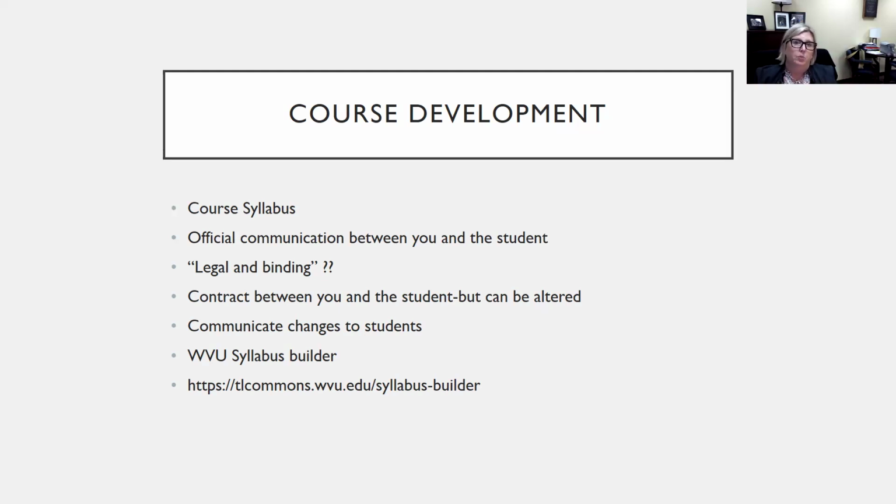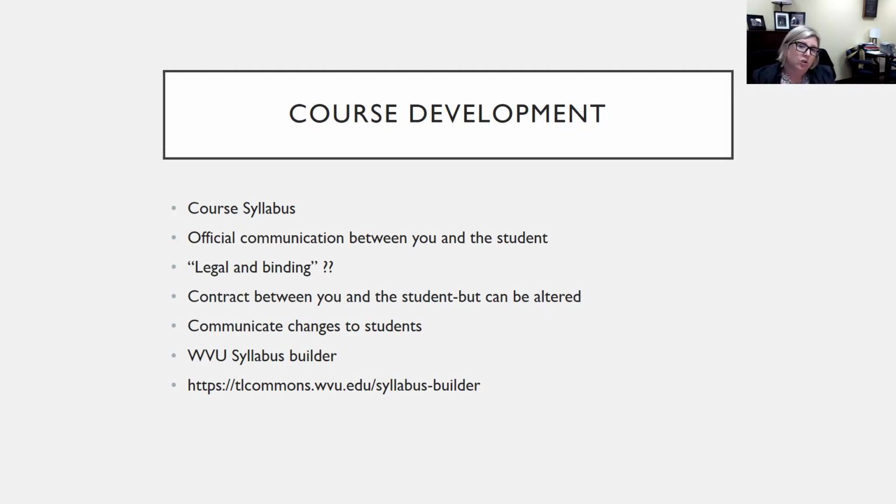Now we have a syllabus builder at WVU. We're not going to use it for your final product, because we're not going to type it in, since then it goes to who knows where, but you can see the link for the syllabus builder. I think there's also a link in your folder.